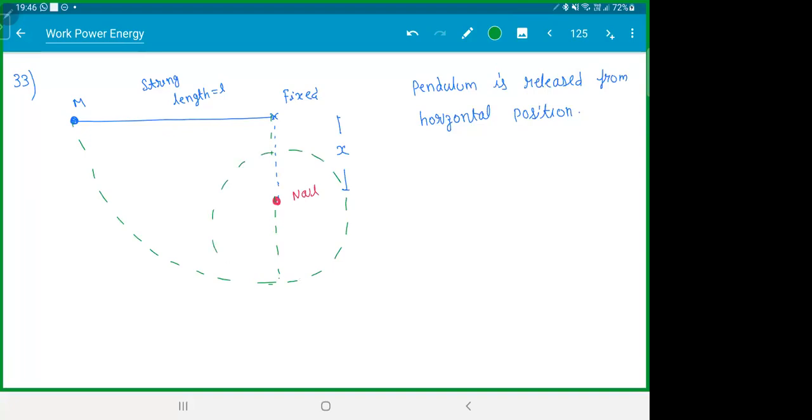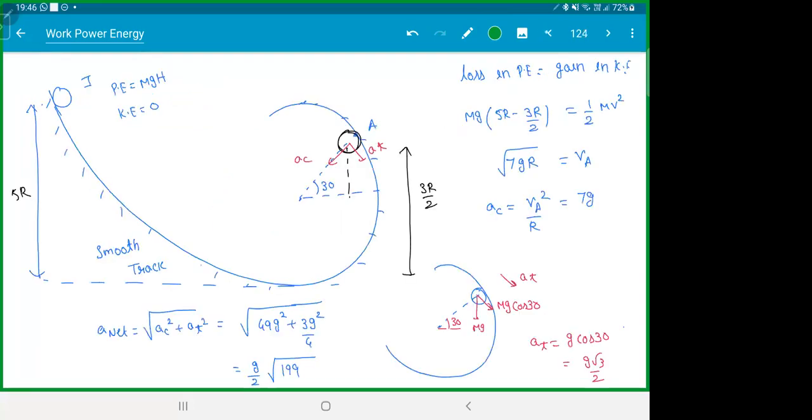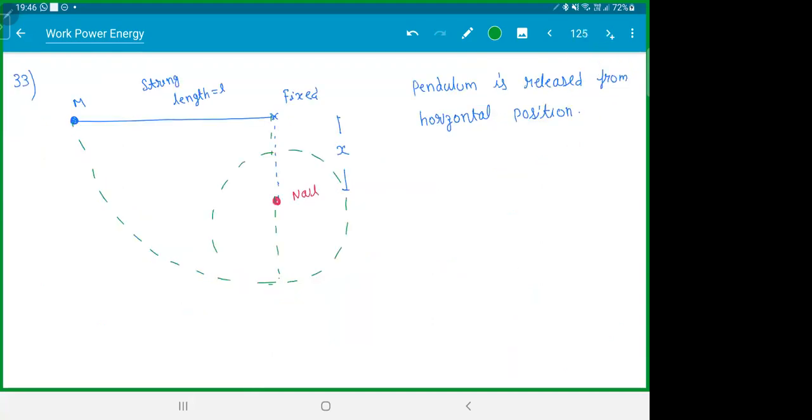You're getting how it is? What about mg sin theta? That mg sin theta and normal relation will take care of centripetal acceleration, no? Anisha, N and mg sin theta is m into a centripetal, isn't it? The resultant of N and mg sin theta will take care of it. So this is what happens actually.